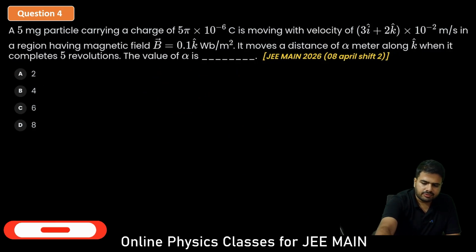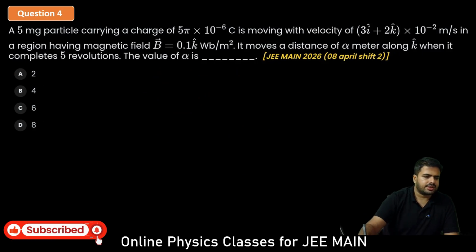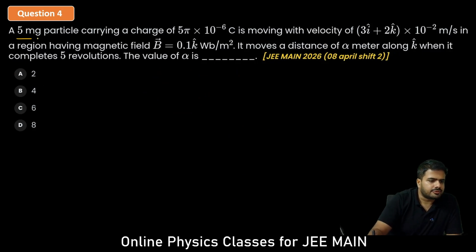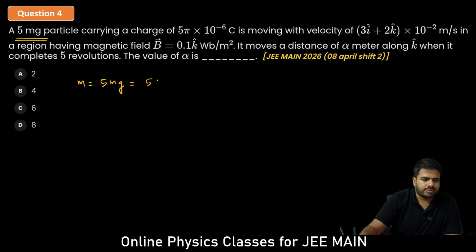In question number 4, what is given: 5 milligram. See this very carefully, the mass is given as 5 milligram. 5 milligram in terms of kg would be 5 into 10 to the power minus 6 kg.